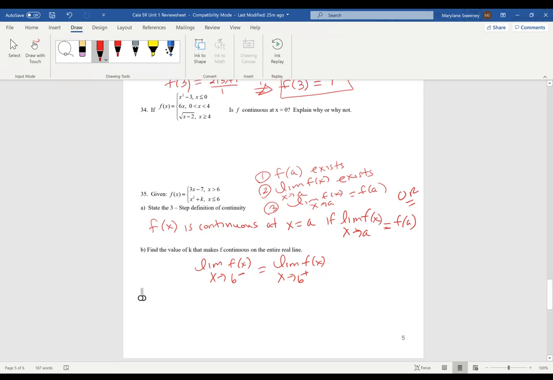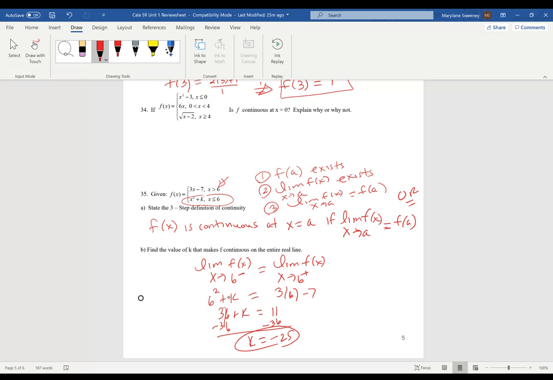So from the left, I would plug in 6 squared plus k. From the right, I'd be using this top one, 3 times 6 minus 7. 36 plus k equals 18 minus 7, which is 11. Minus 36. K is negative 25.